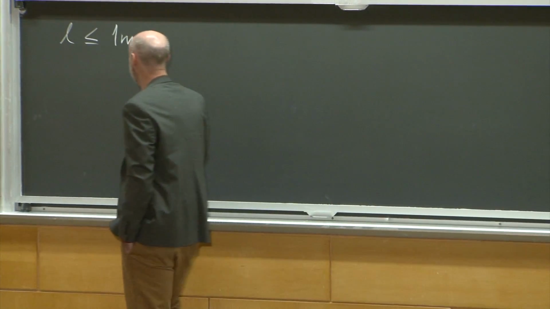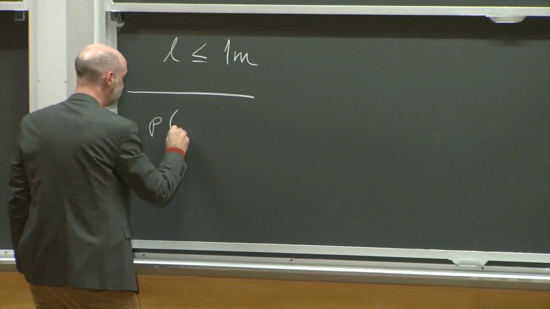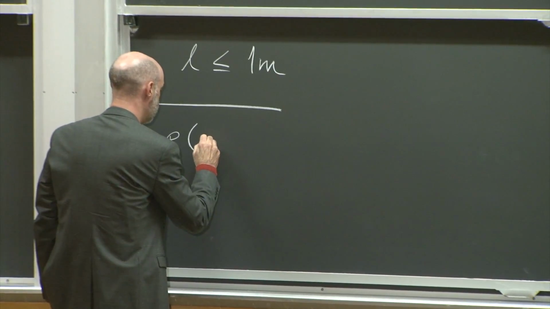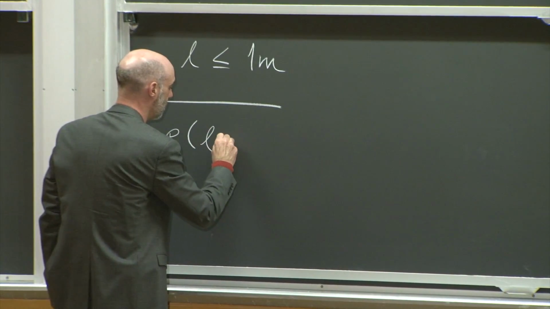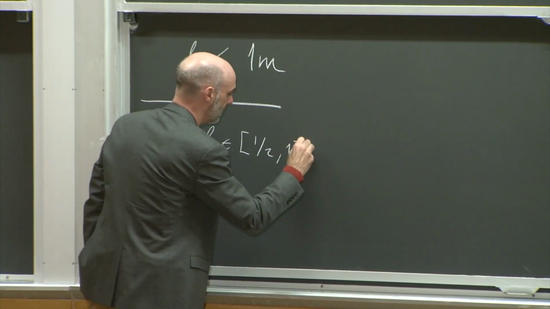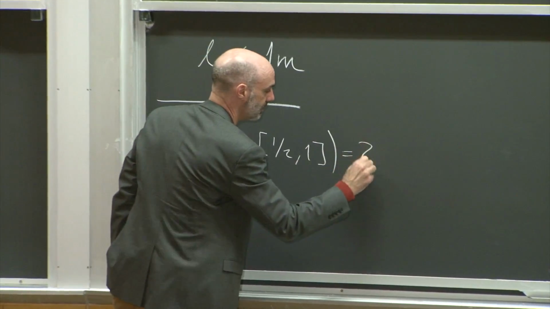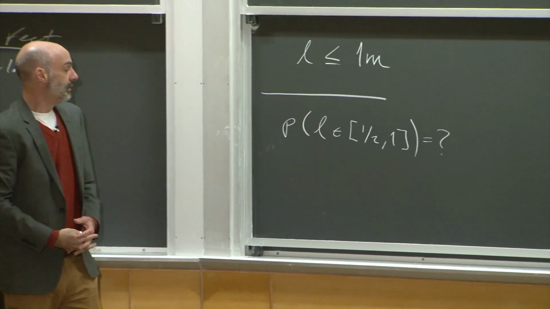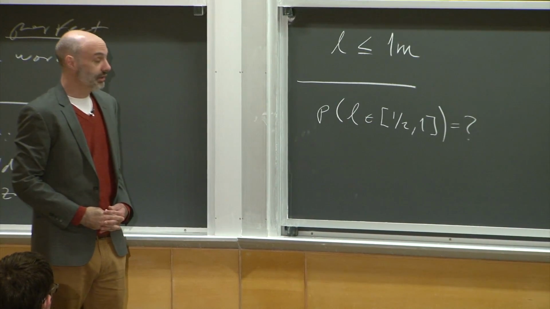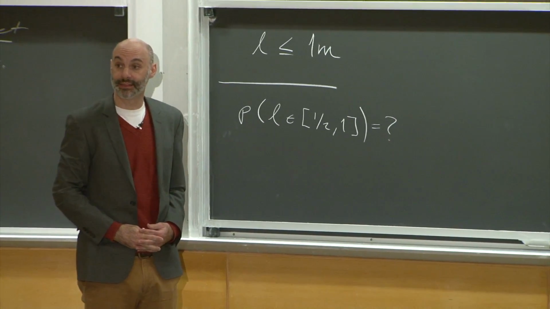And now suppose someone asks the question, what is the probability that the side length will be in that range? In other words, that the cube will be at least half a meter in side length.